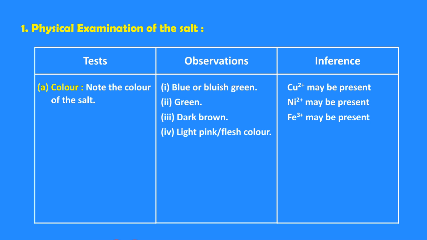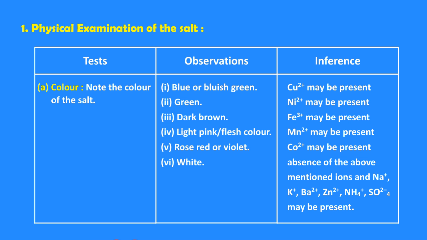Light pink or flesh color: Mn2+ may be present. Rose red or violet: Co2+ may be present. White: absence of the above mentioned ions; Na+, K+, Ba2+, Zn2+, NH4+, SO4 2- may be present.